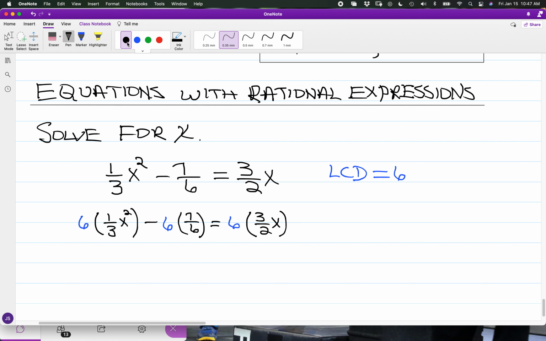And if you already see the coefficients, that's fine. Just carrying this out a little bit further, you have 6/3 of x squared, minus 6 times 7 is 42 over 6, is equal to 6 times 3 is 18 over 2, times x.